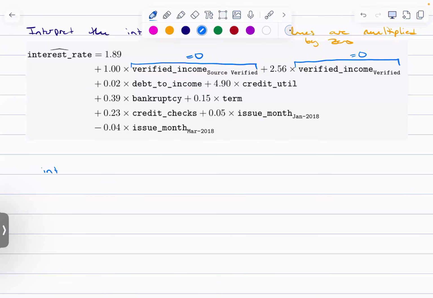So the intercept had neither income nor source verified. Both of those are 0.